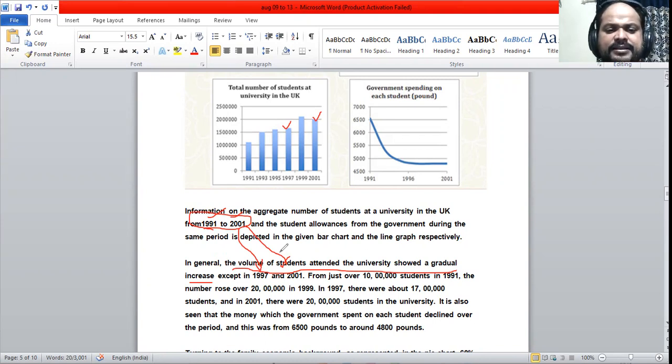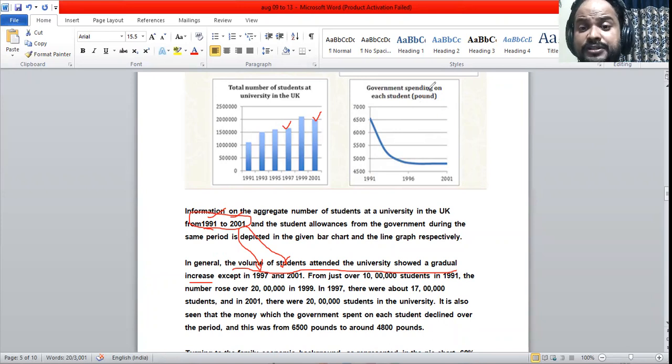After 1997 we have not seen that much increase, except in 1997 and 2001, we have not seen that sort of increase. The gradual increase, the pace of increase, was step by step. It stagnated somewhere in 1997 and in 2001. That's what we have mentioned.